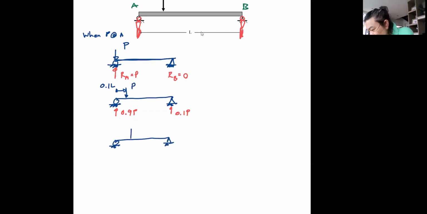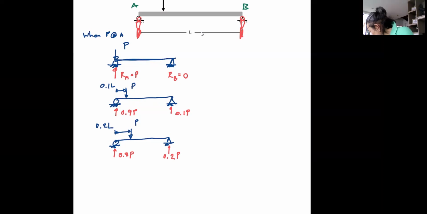Now the load is at the location 0.2 L. When the load is at this location, it means that this reaction would be 0.8 P, and this would be 0.2 P. You can see when we move the load, the magnitude of the reactions change.